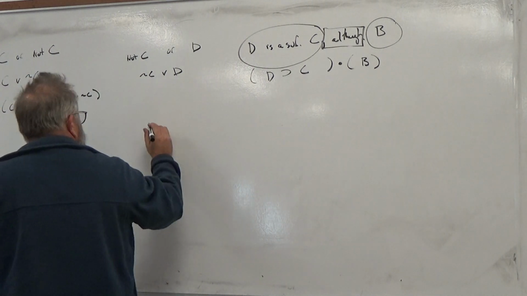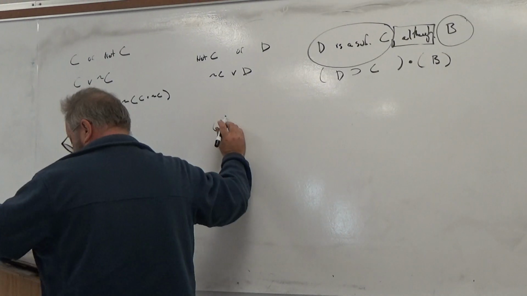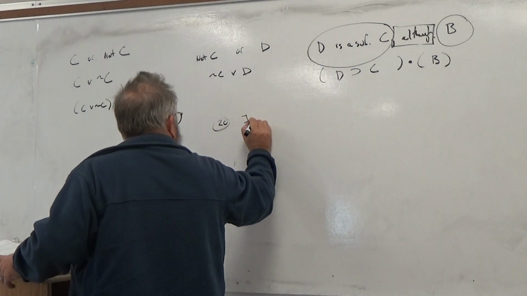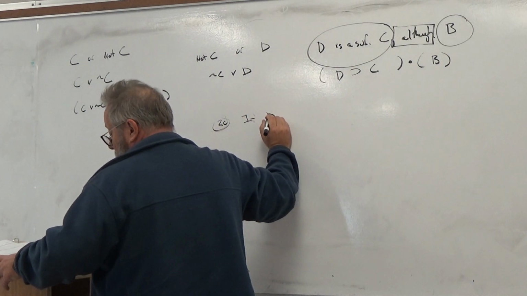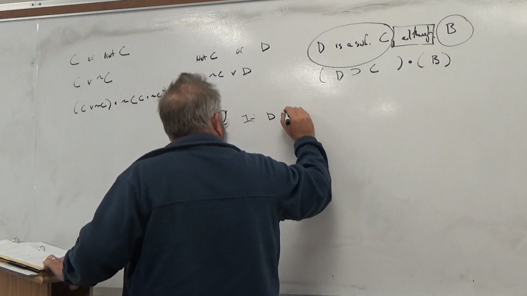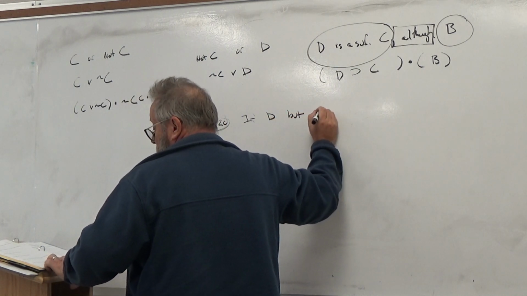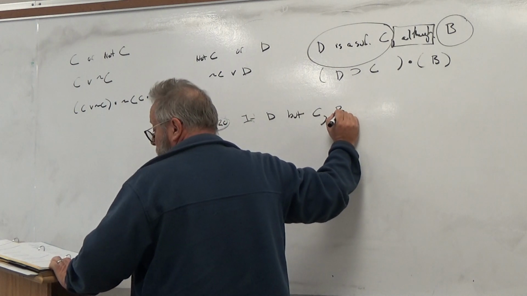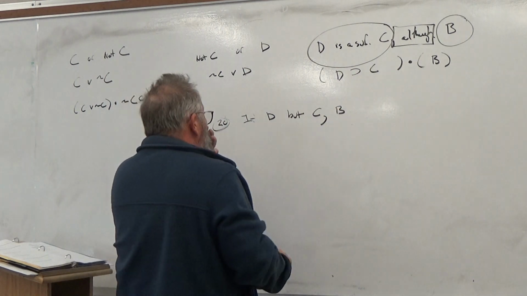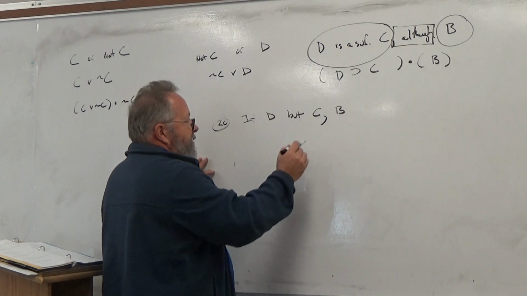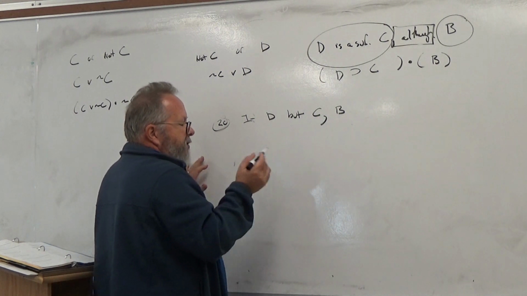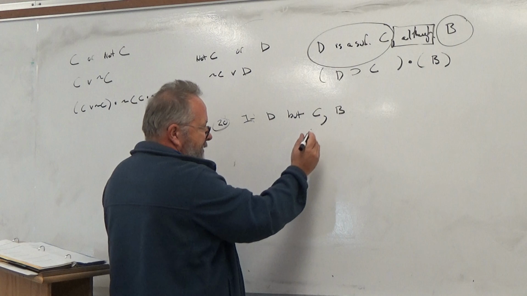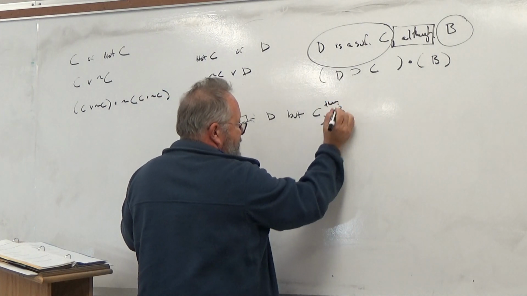20. If Darla but Catherine, comma, Bob. Okay, so this is another one of those things. Sometimes we use comma to signify then. Nonetheless, this is the main operator.